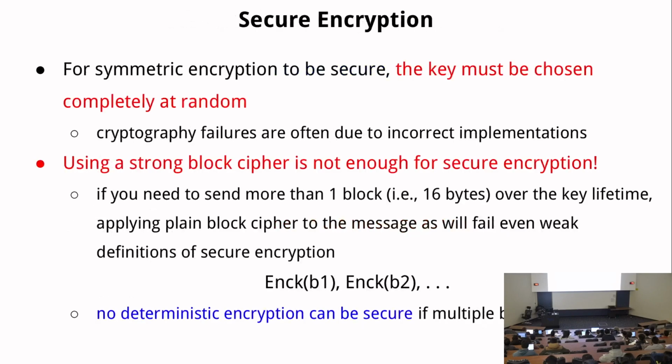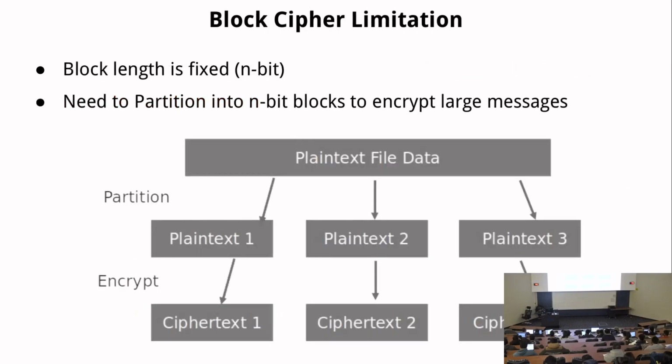However, for all those crypto algorithms, block cipher crypto or block encryption, there is a problem. What we encrypt here is just one block. In AES and DES, one block is 16 bytes. We are only encrypting one block.